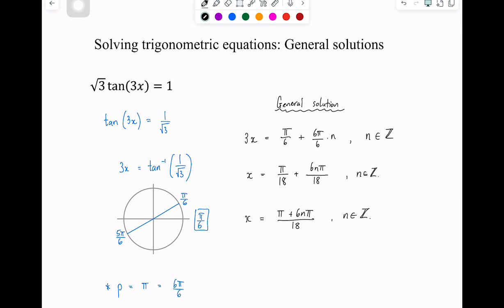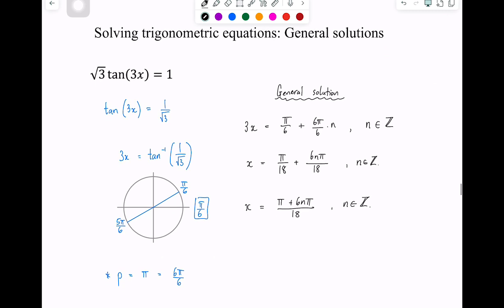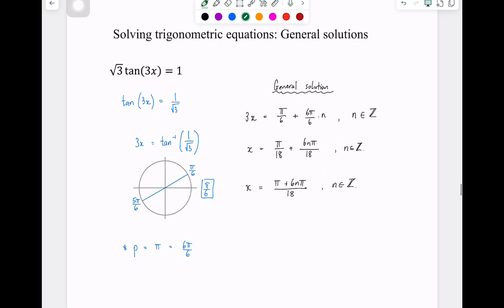Now, if our question was to find the first 3 negative solutions of this equation, we can start off at 0, but if we start off at 0, we will end up with pi on 18, which is not what we want. But in any case, I'll do it anyway, just to show what solutions we can get.